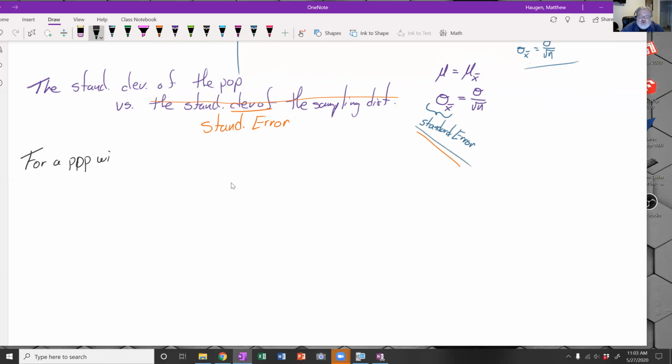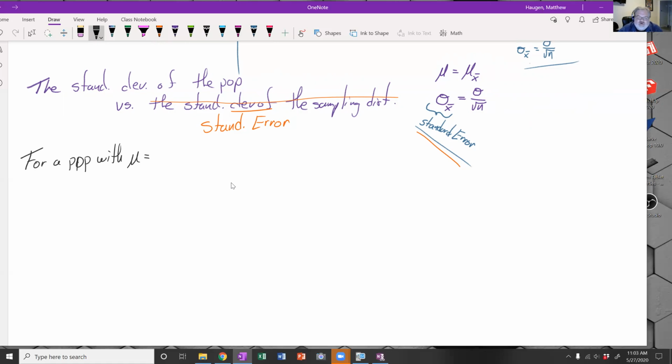So at that point, we could even ask for a population with a mu. Again, mu, because it's a population average, we use the Greek because it's a value based on the population, so it's a parameter.